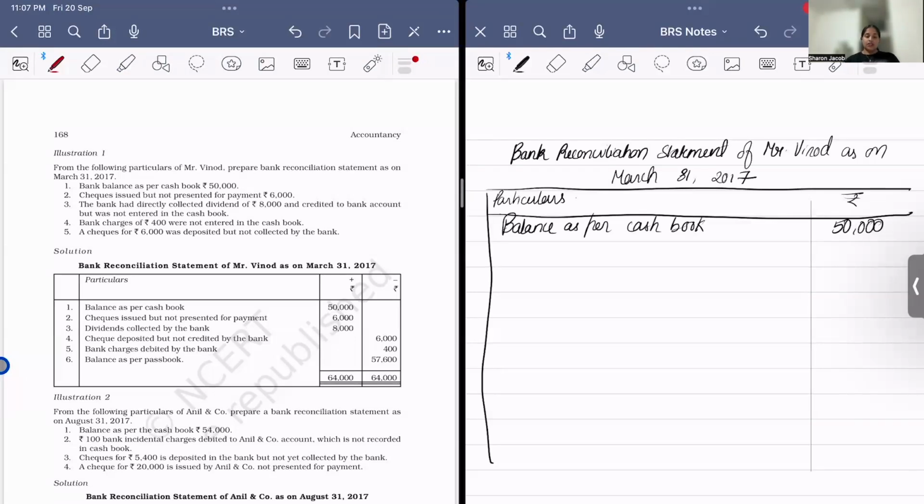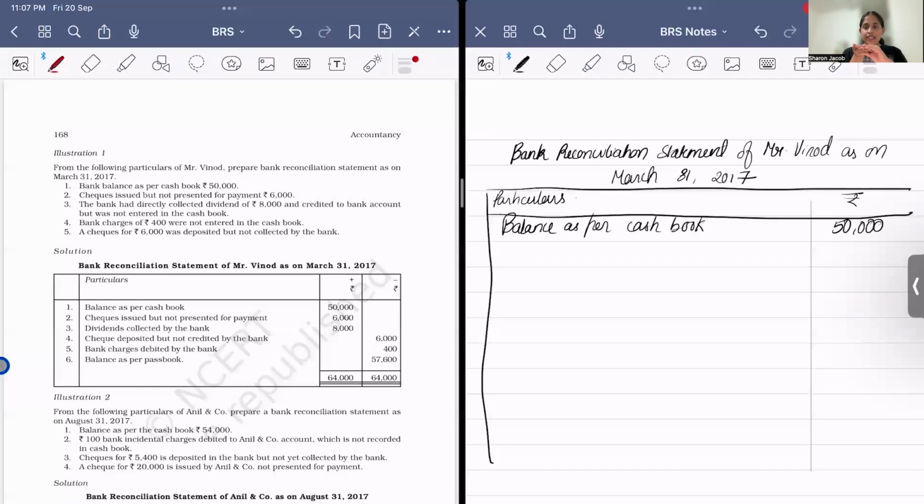Okay. Now, checks issued but not presented for payment, rupees 6,000. Yes. Now, this is where you should listen very carefully. This is where the technique, the hand method or the arrow method, is going to come into picture. Now, checks are issued but not presented for payment. Whatever it is that you start with, that will be your right hand.